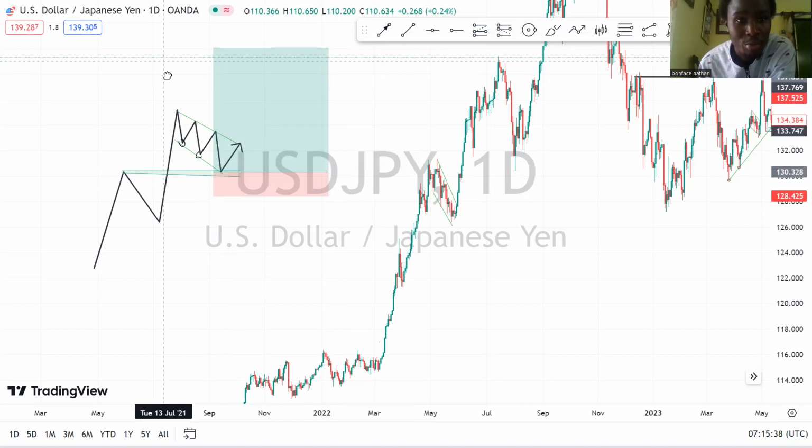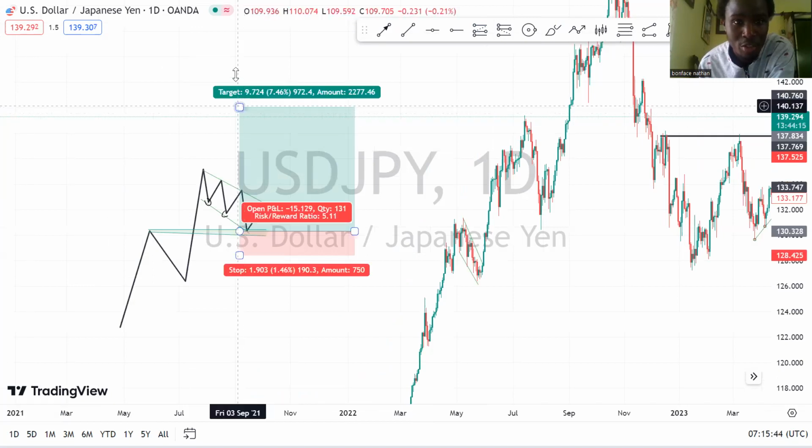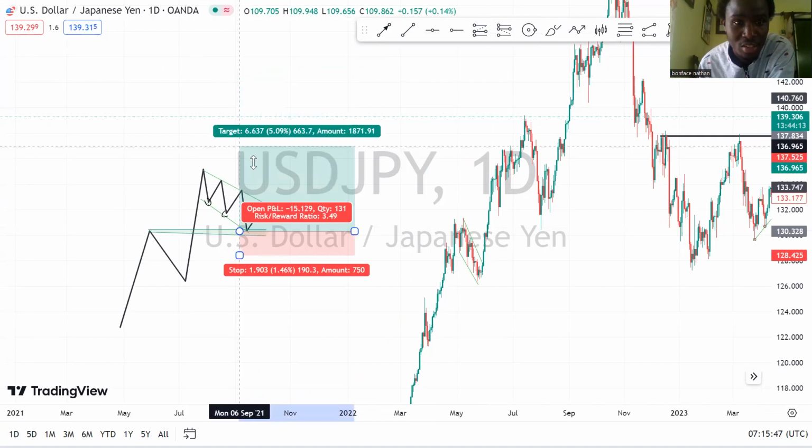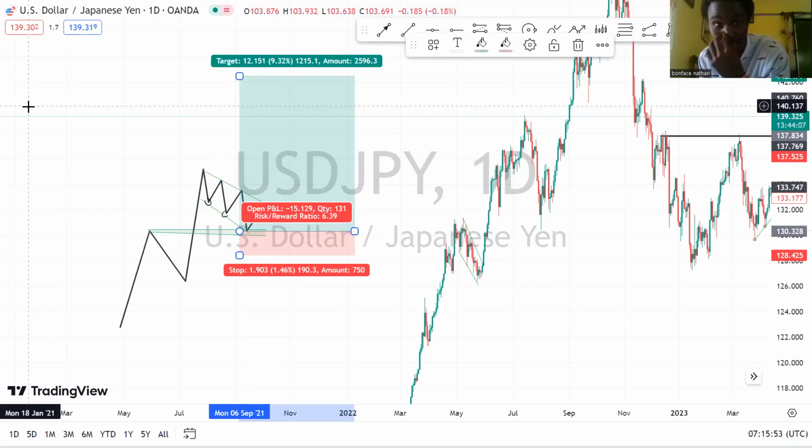And then our take profit is at the next resistance. This one being the first take profit, but we normally take it at the next resistance.